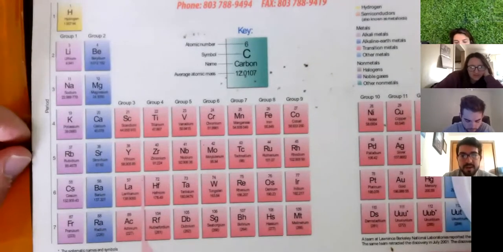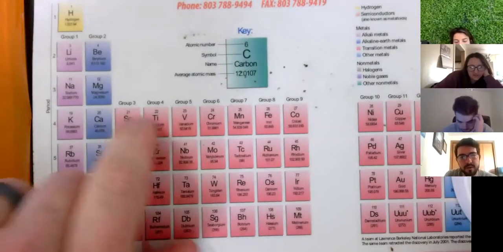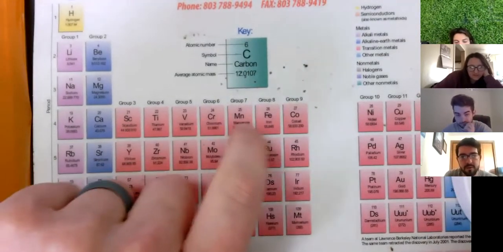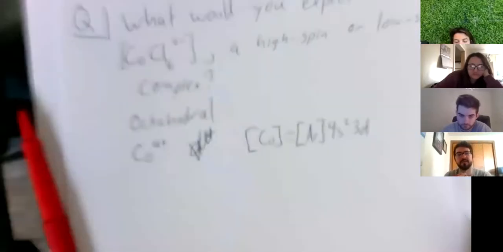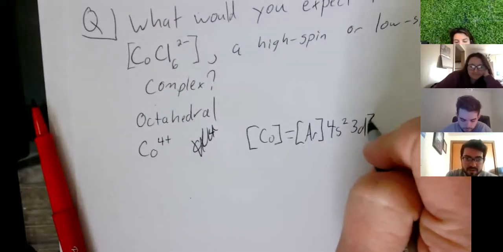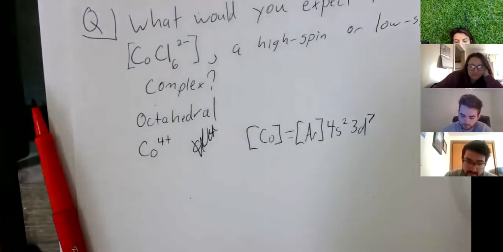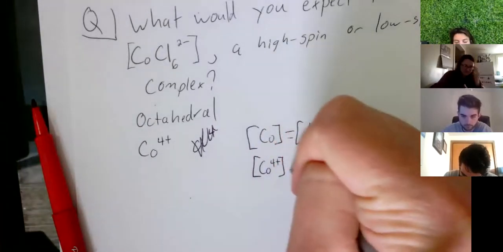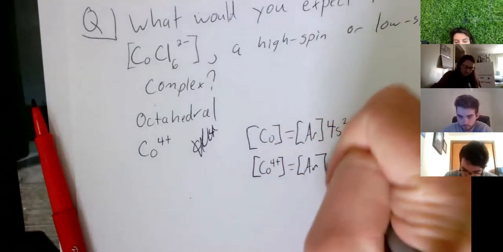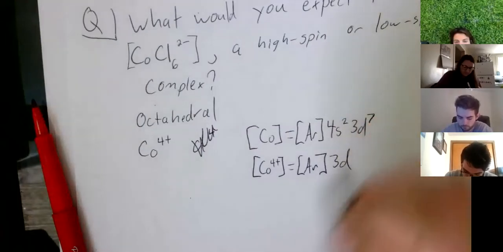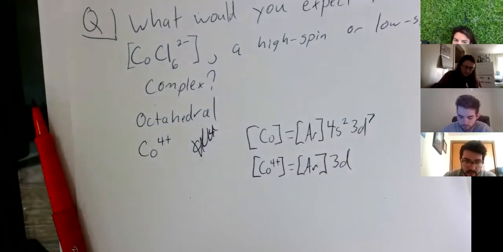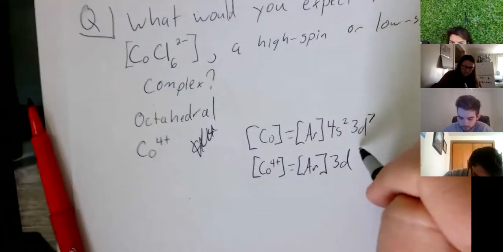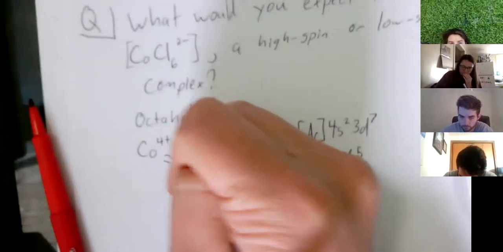Let's count. Was it a 7? 1, 2, 3, 4, 5, 6, 7. Yep, 7, then that makes it a D5. So now we're at cobalt 4 plus. Argon 3D what? 3D5. Yep. So we got a D5 metal.